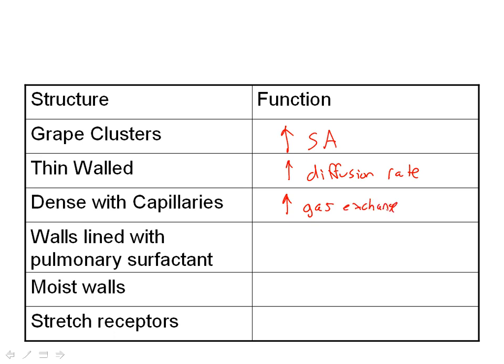There's stuff called pulmonary surfactant, which is a lipid protein base, which allows the lungs to not deflate. So it lowers the surface tension. And it does this because this lipid protein has two ends.